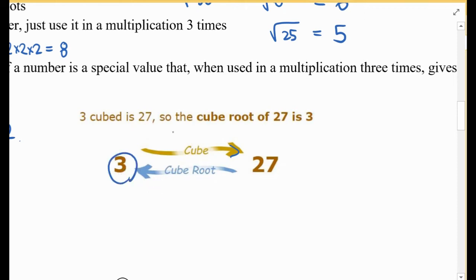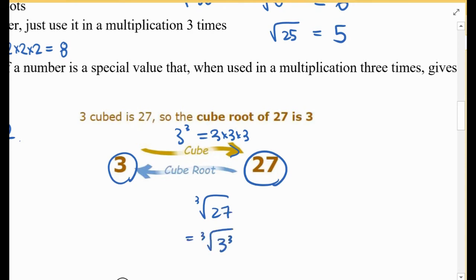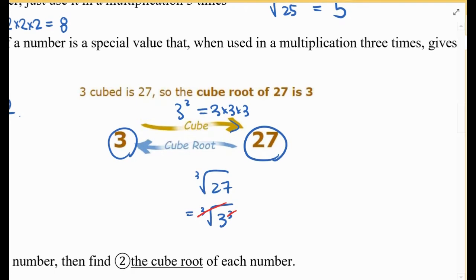So 3 cubed is 3 times 3 times 3. You get 27. And the cube root of 27 is the cube root of 3 cubed. And you cancel the radical and the exponent. The answer becomes 3. Okay? They are opposite processes.